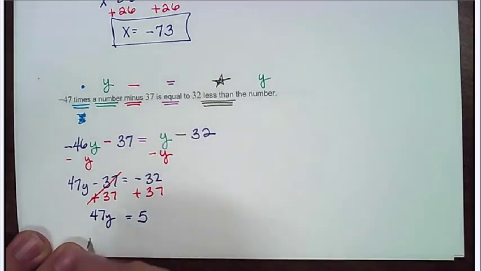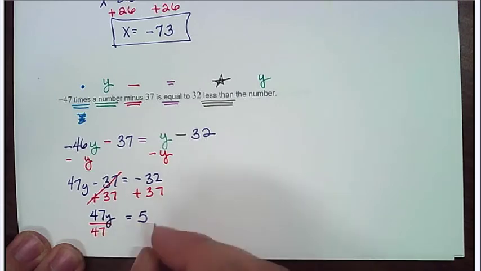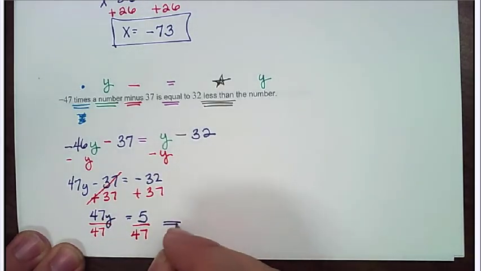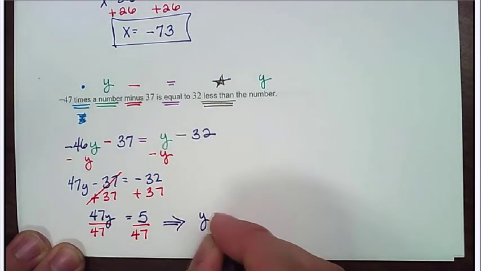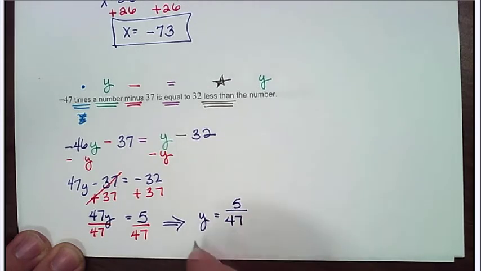Now, I'm going to divide, and that's going to leave me with my final answer. I'm just going to move it over here to the side. That y is equal to 5 over 47.